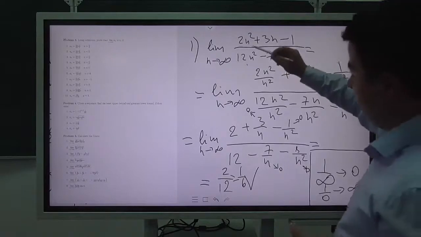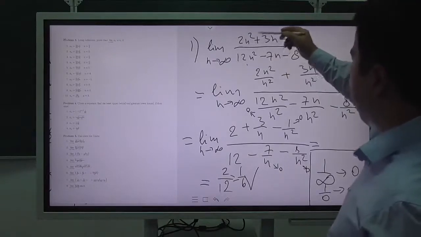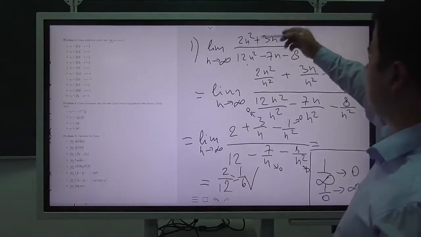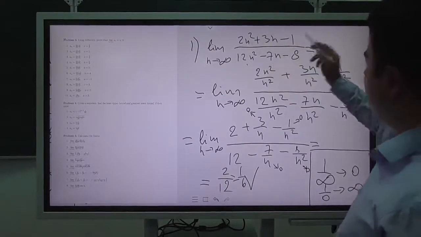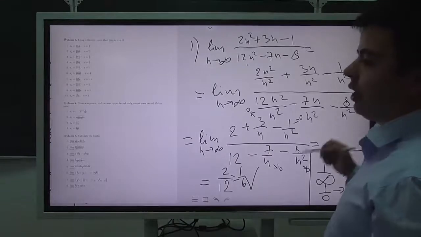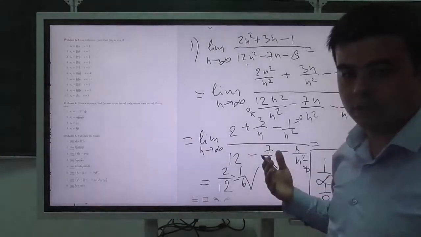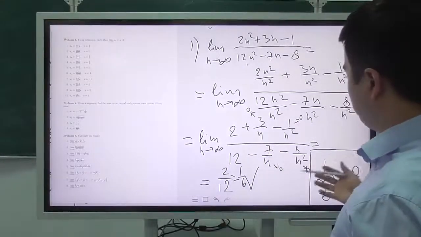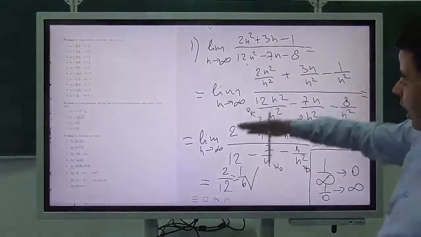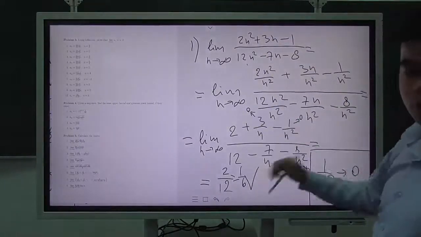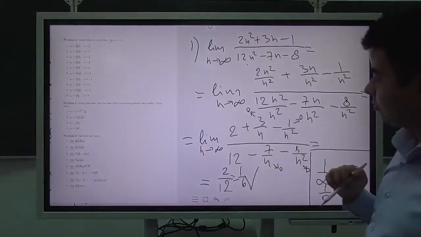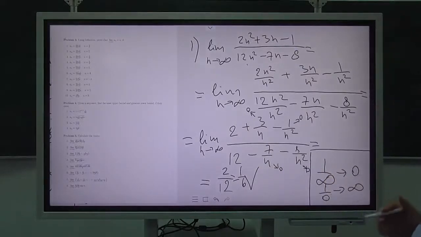I mean here the ratio of coefficients of greatest powers is 2 and 12. So the answer we can write directly 2 over 12 or 1 over 6 here. Because look here, when we divide them by each term, we get this answer, 2 over 12.